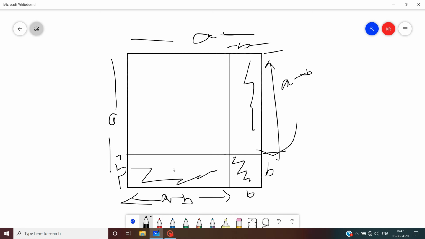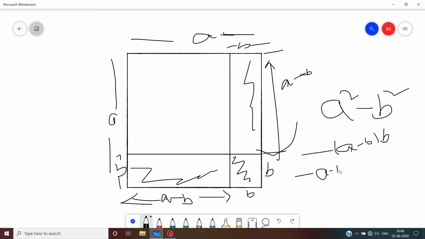So in the larger square of area a square, we subtract b square, minus the area of this rectangular part, (a - b) into b, and again remove the area of this part, (a - b) into b.